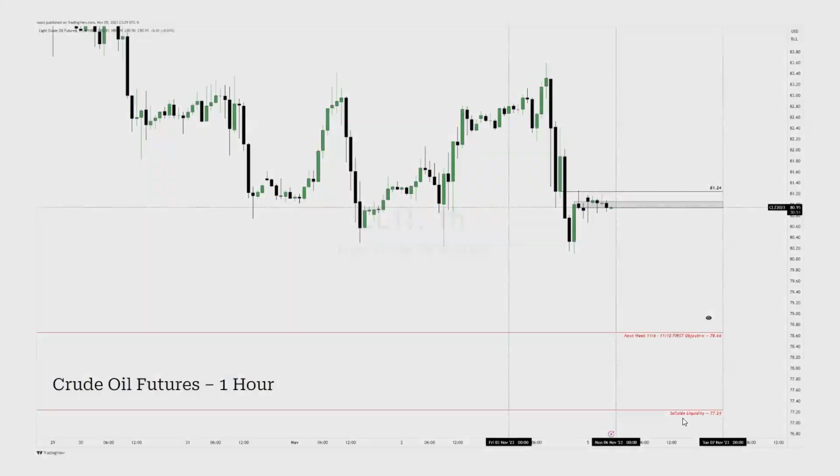So crude oil on the hourly, there is a little gap, but it's really, really small, and price already filled it in from the open to the time of this video. So not too salient. However, I do note it just because it is an event that occurred in price.